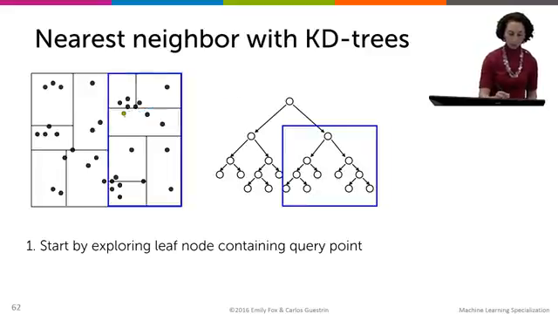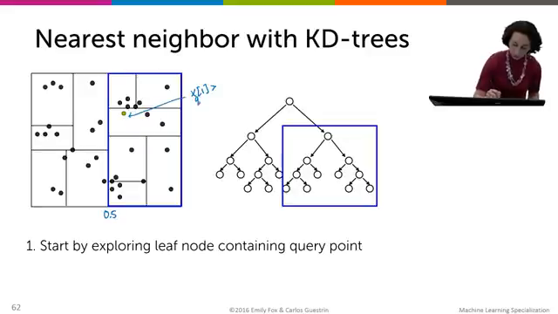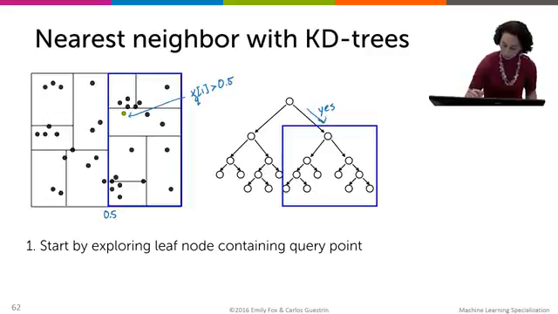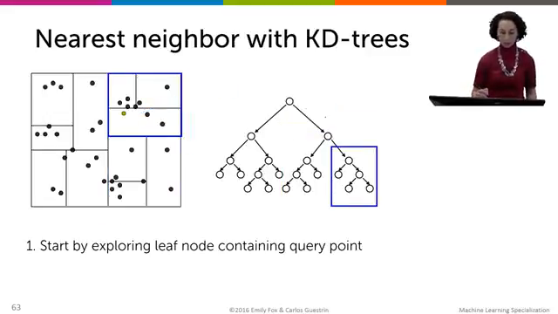To begin with, we're going to check the first condition, which was a split on x1, whether or not it was greater than or less than 0.5. In this case, x1 for our query point xq is greater than 0.5. So we say yes, and we traverse down this side of the tree.